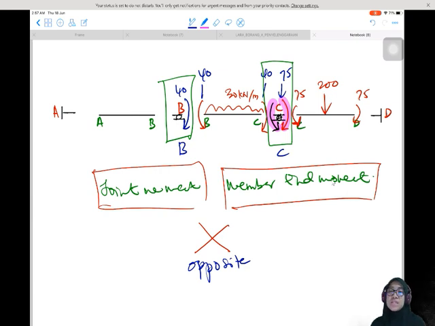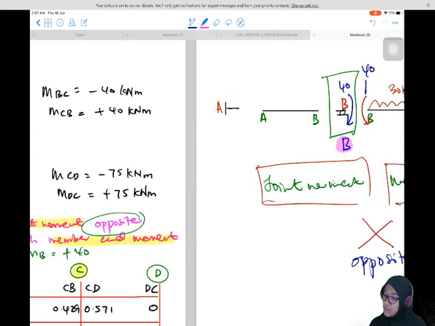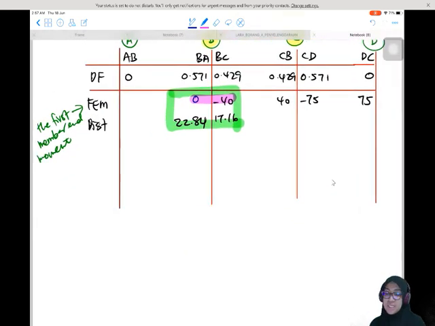It is positive 35. So this one will be distributed. It is 35 times 0.429.